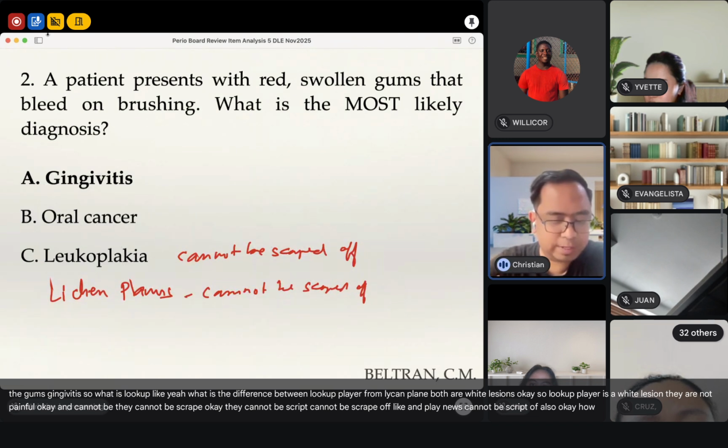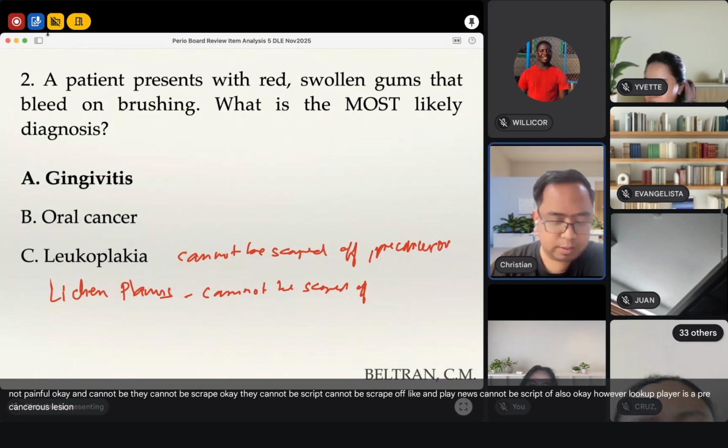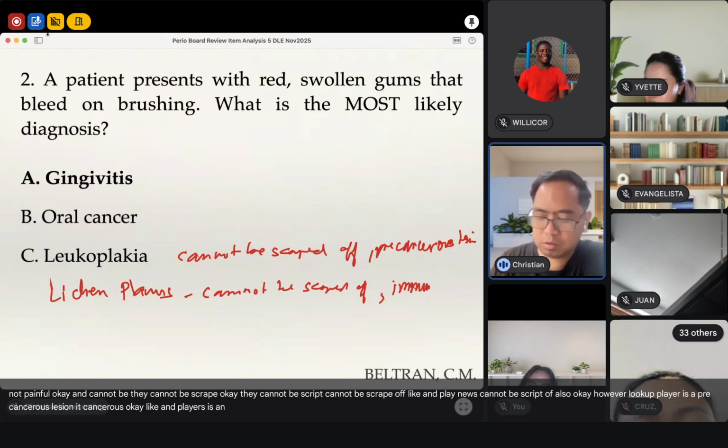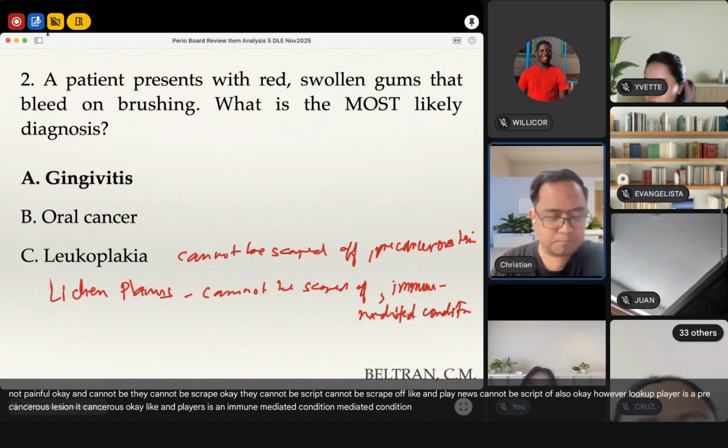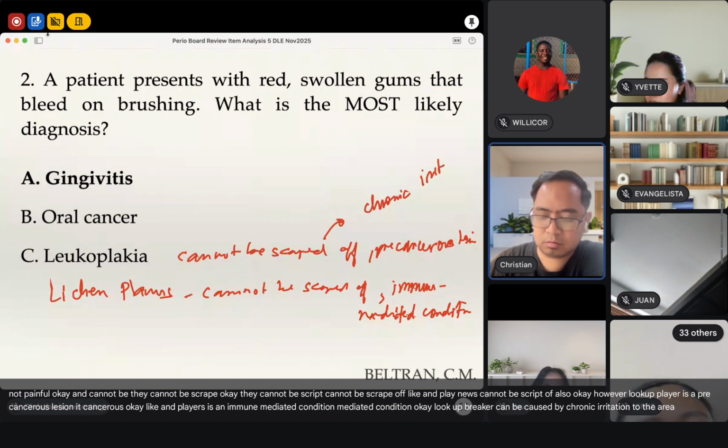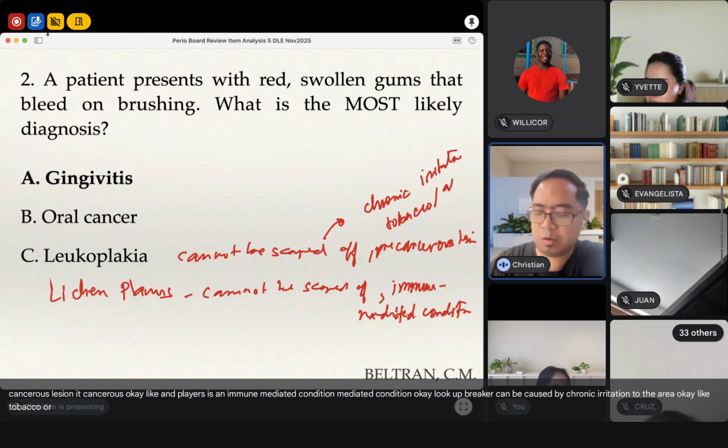However, leukoplakia is a precancerous lesion. Lichen planus is an immune mediated condition. Leukoplakia can be caused by chronic irritation to the area, like tobacco or alcohol.